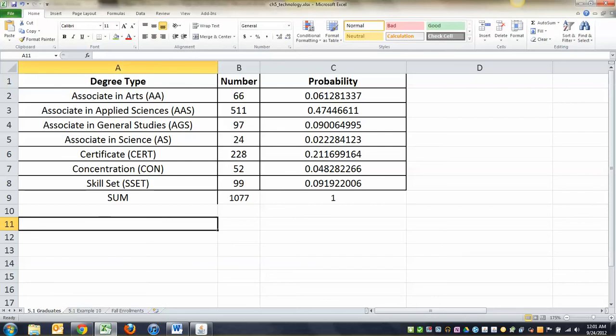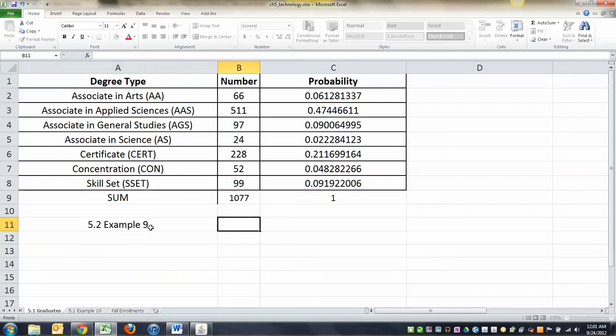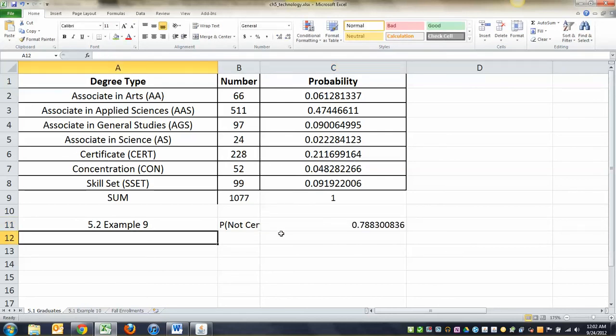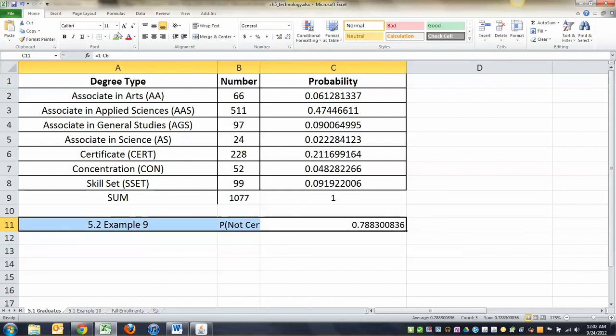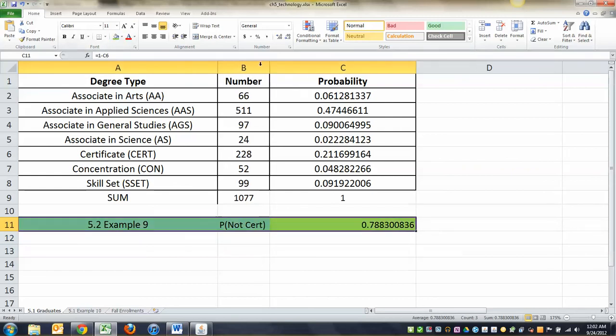So for the one that we're on, this was 5.2 example 9. So it was equal to, we want the probability of not certificate. That's equal to 1 minus this probability right there. Boom. Diggity done. Make it green.